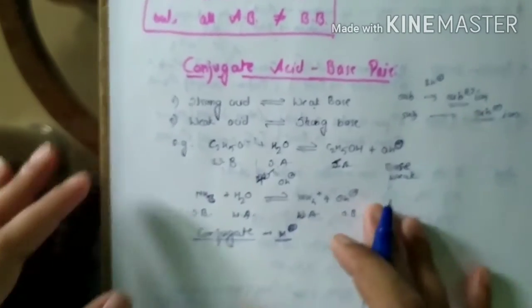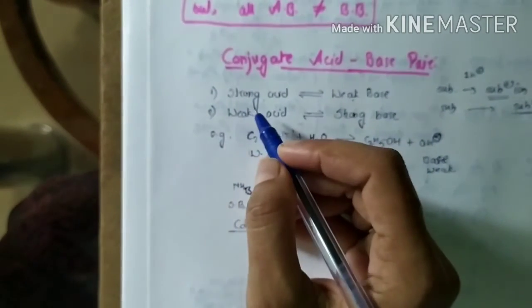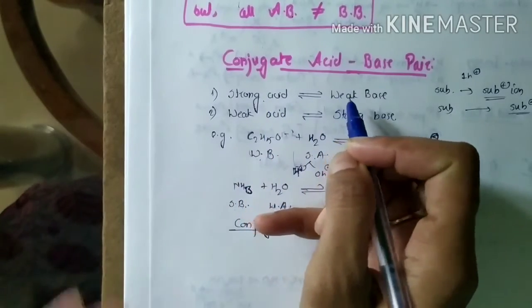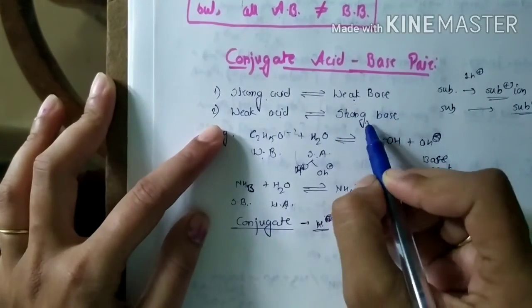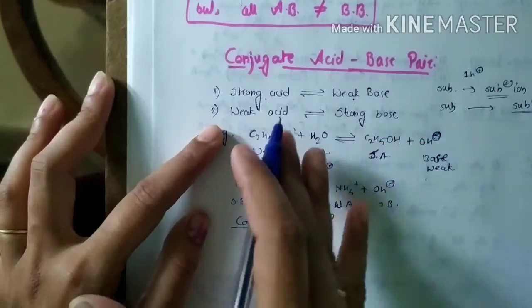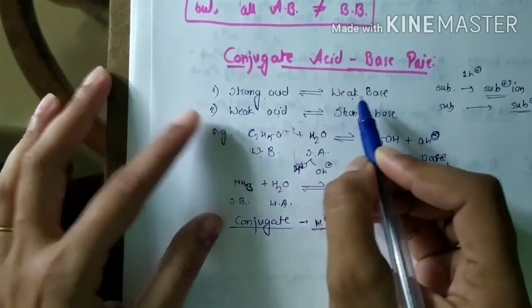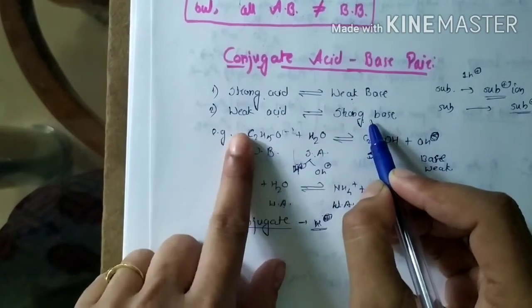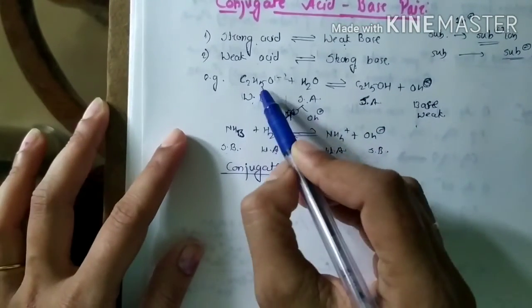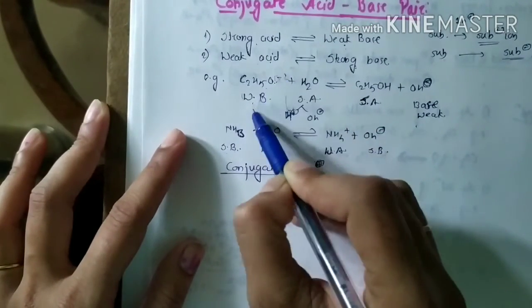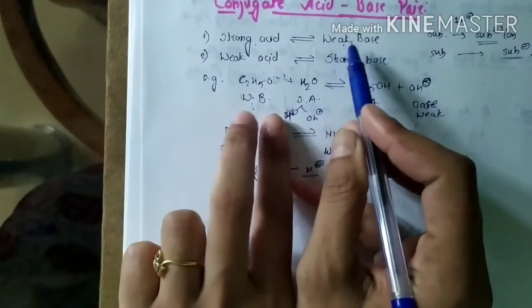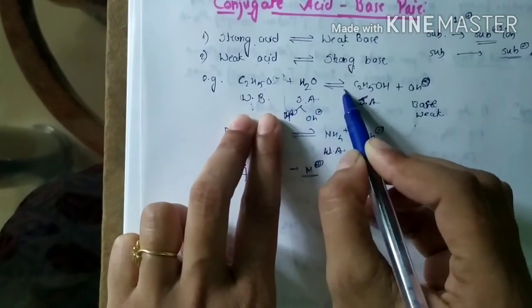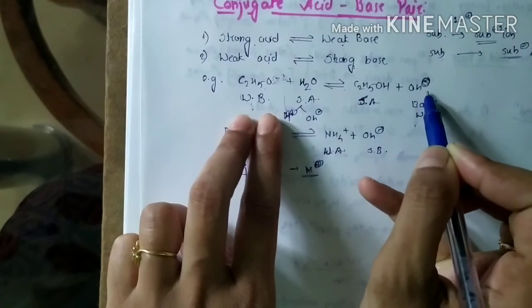For example, a strong acid has a conjugate weak base and a weak acid has a conjugate strong base, or vice versa: the conjugate of a weak base is a strong acid, and the conjugate of a strong base is a weak acid. For example, C2H5O minus acts as a weak base, so the conjugate of a weak base must be a strong acid. When it is dissolved in water, it forms C2H5OH and OH minus.